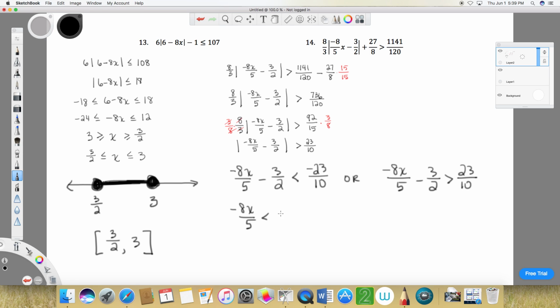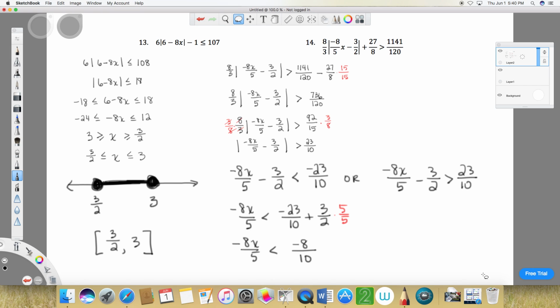If we add 3 halves to each side, I need to multiply the 3 halves by the number 1, but I need to write 1 as 5 over 5 so that I get a common denominator of 10 in each fraction. So on the left-hand side, I have negative 8x over 5 as being less than, with this denominator of 10, negative 23 plus 15, is a negative 8.